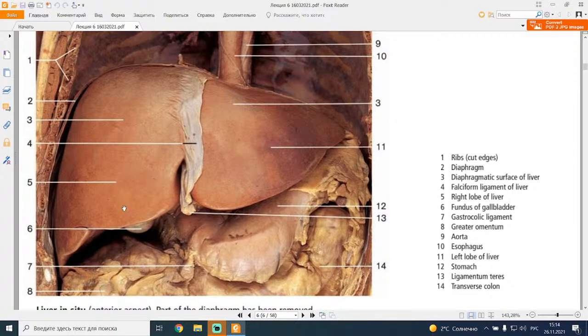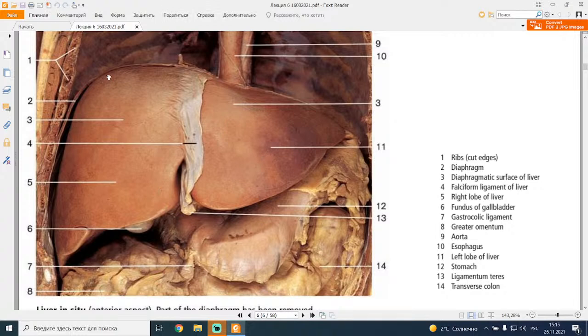This is the right lobe, this is the left lobe. Falciform ligament of the liver. This is the right lobe, this is the left lobe.